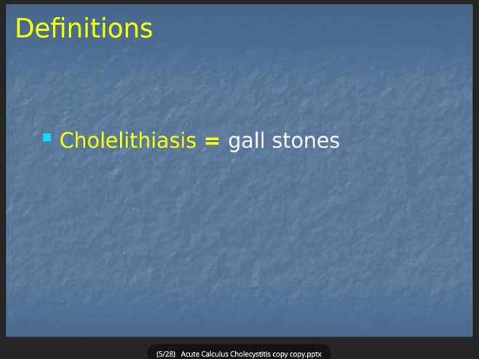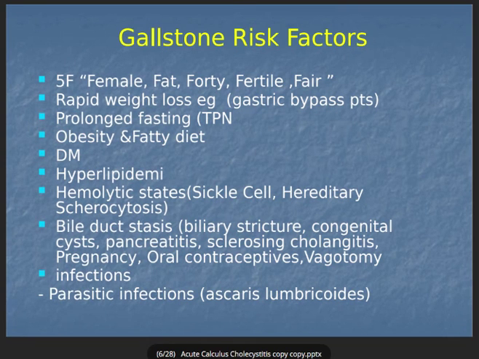So as we said, the definition is cholelithiasis, which equals gallstone. This is everywhere: cholelithiasis, or choledocholithiasis if it is in the common bile duct, or hepatolithiasis in the liver. It doesn't make a difference. Lithiasis means stone. What are the risk factors? For you to understand the risk factors, you don't need to memorize them, because if you try to memorize them, you might forget a few.